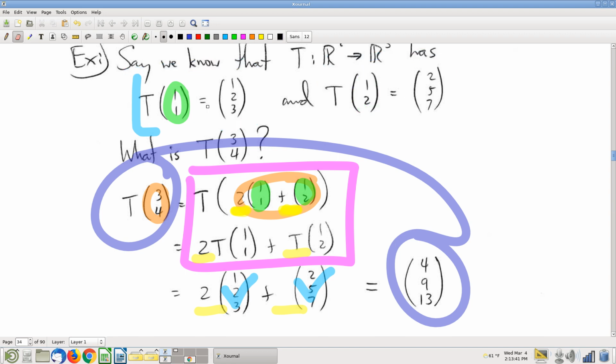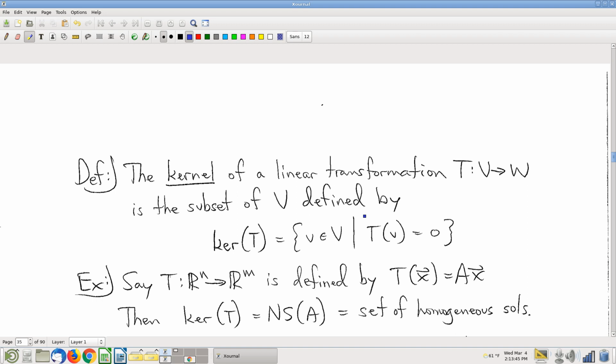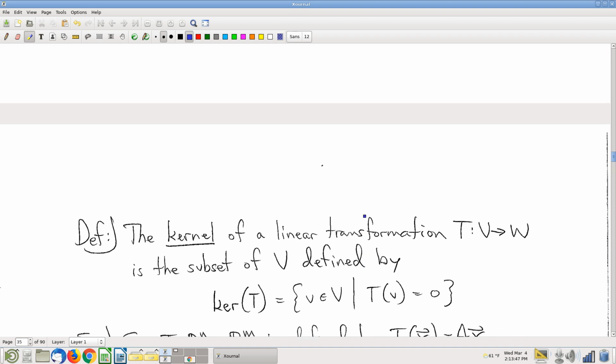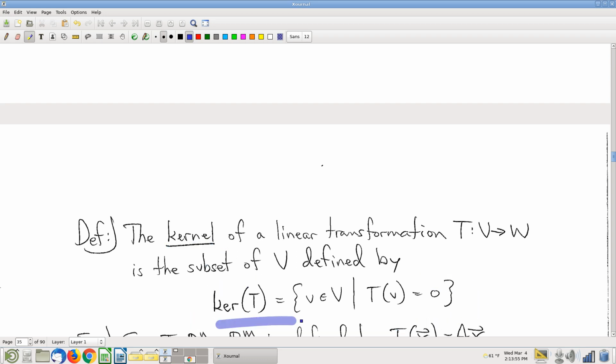Okay. All right. So on to a definition. Define something called the kernel of a linear transformation. Here it is. There's the definition. The kernel of a linear transformation is the collection of vectors in the domain for which the image of that vector is 0.